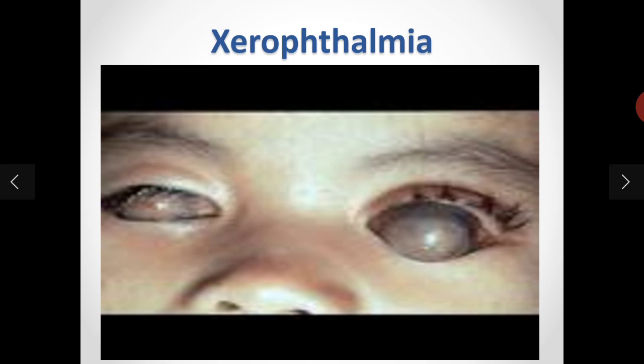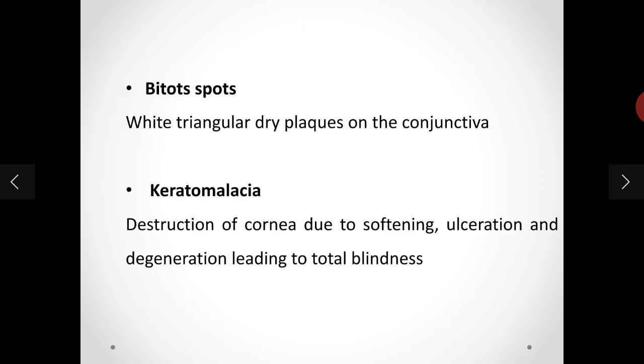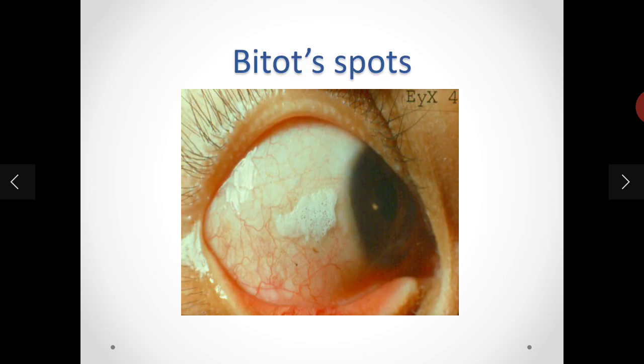This is a severe xerophthalmia. Bitot spots, which are white triangular dry plaque forms, will be seen in the conjunctiva. Keratomalacia, here it is destruction of the cornea due to softening, ulceration and degeneration leading to total blindness.